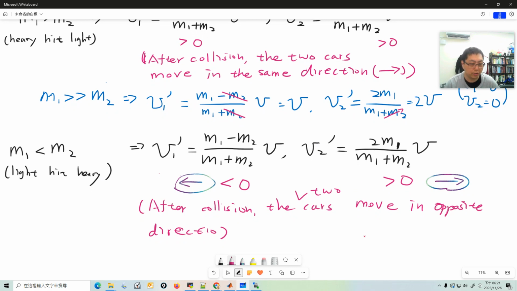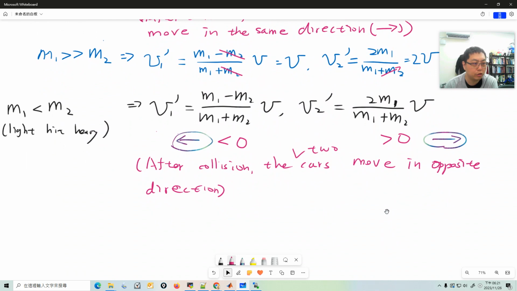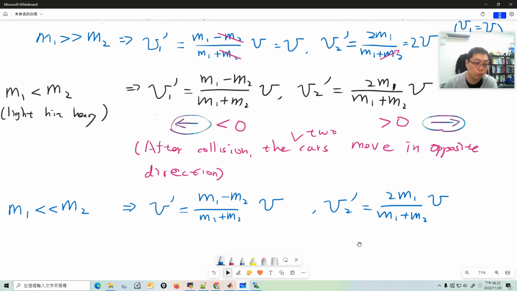Finally, the other extreme condition is not difficult: if M1 is very, very small compared to M2, what will happen?